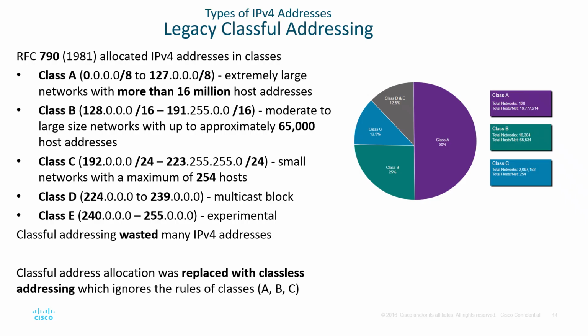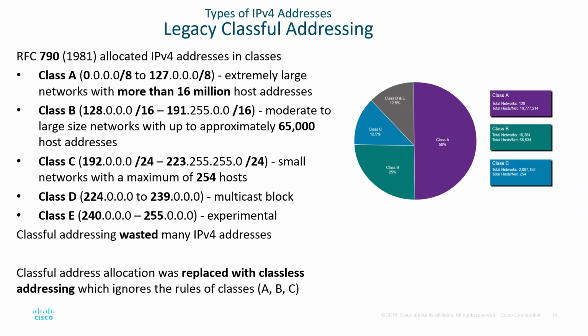Your class D is 224 to 239. This is your multicast block. And then your class E, which is 240 to 255, which is for experimental. Biggest thing with classful addressing is you waste IP4 addresses, and I will explain that much more in detail when we talk about subnetting.